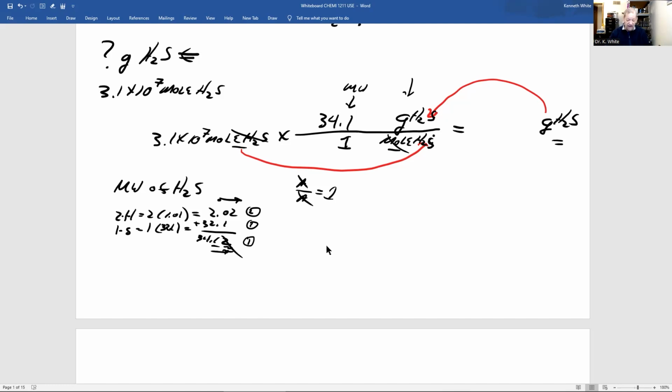So now I can pick up my calculator, clear it, 3.1, second key, double E, 7, now times 34.1, and my calculator gives me this number.